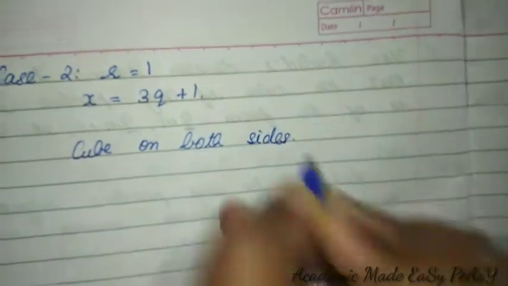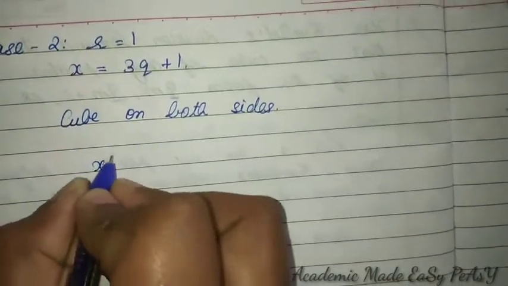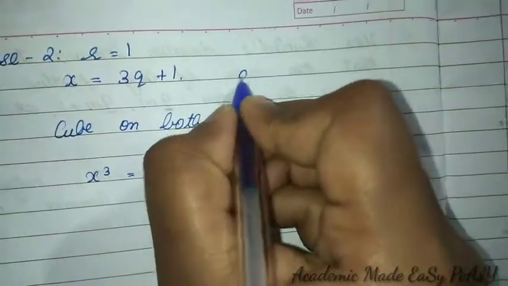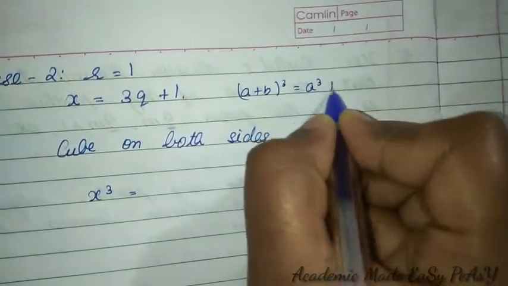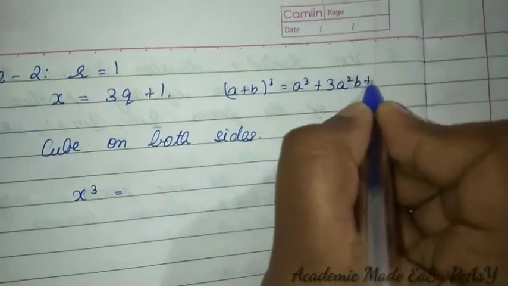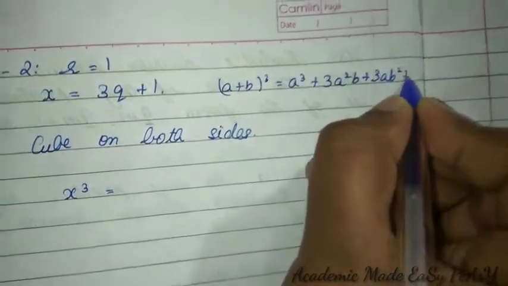Case 2. Let r be equal to 1, so x is equal to 3q plus 1. Cube on both sides. The next step will be x cube is equal to, we know the formula, a plus b the whole cube is equal to a cube plus 3a square b plus 3ab square plus b cube.